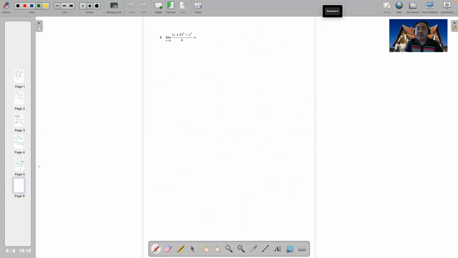We go to the final number now. We have the limit of x plus h cubed minus x cubed over h as h approaches 0. And you know what will happen here. This will be x plus 0 cubed minus x cubed all over 0, which is 0 over 0.